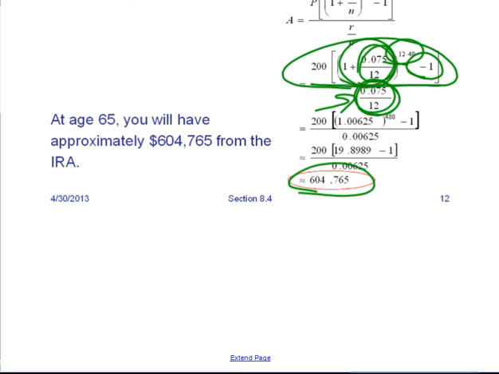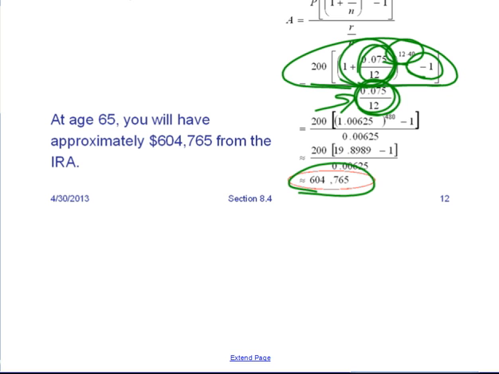The question is, how much interest did the bank give you? This is where you have to be careful. Everyone gets that if you put $1,000 a year in for 30 years, you yourself deposited 30,000.